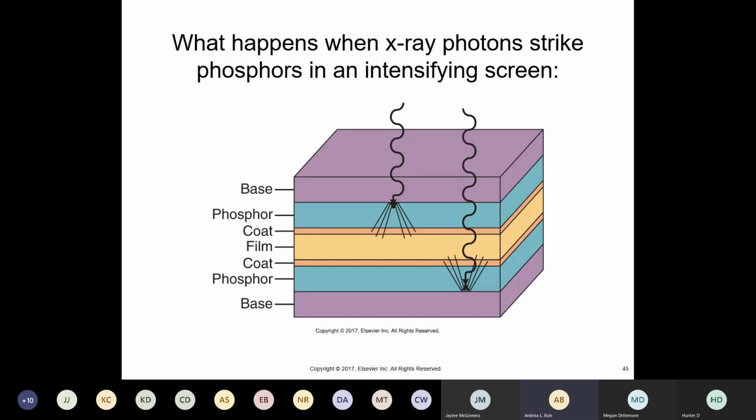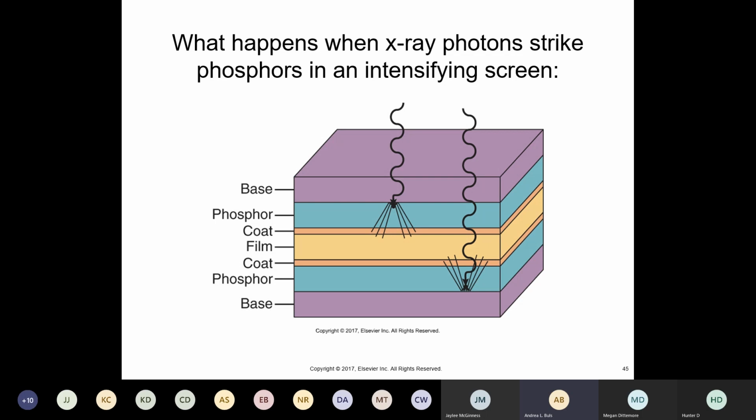This image is on the same page 68, and it shows what happens when those phosphors inside that intensifying screen emit that light that is caused by the X-ray photons striking that intensifying screen. So the light photons then will bounce off and strike the film, and that's exposing the film, and it's going to be at varying levels again, based on the structure that those X-rays are going through before they hit those phosphor crystals.